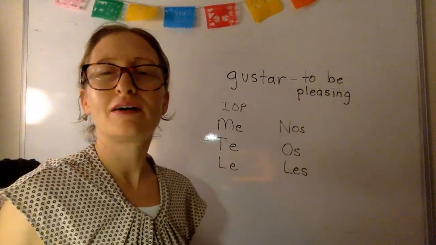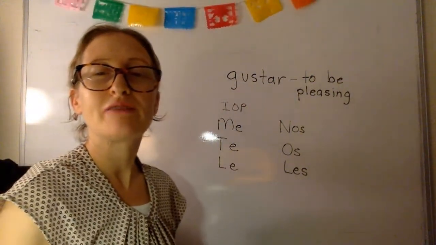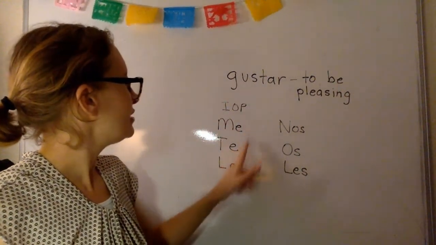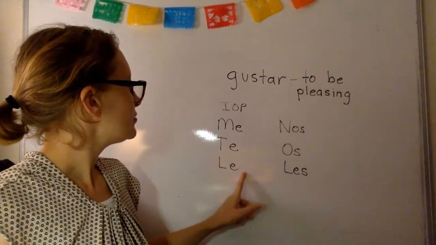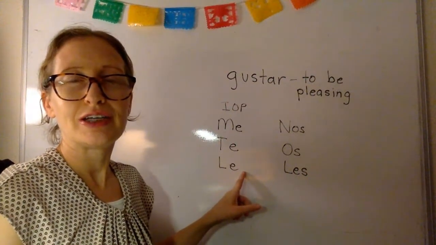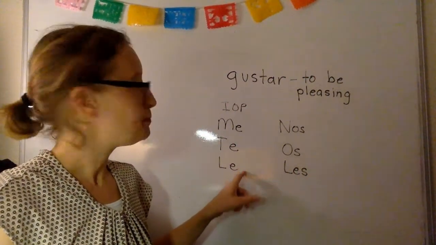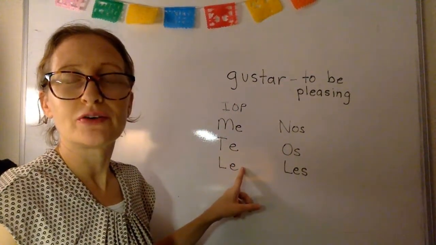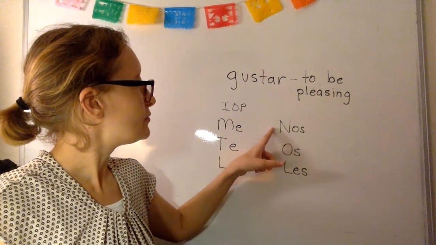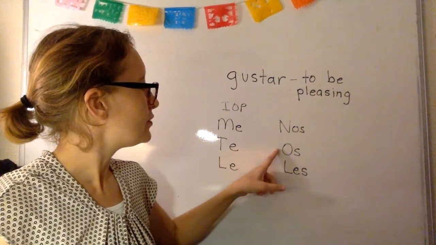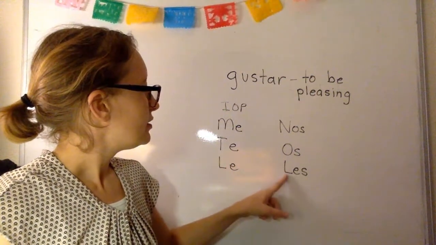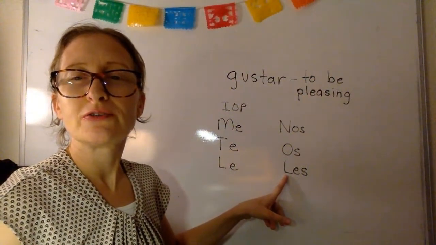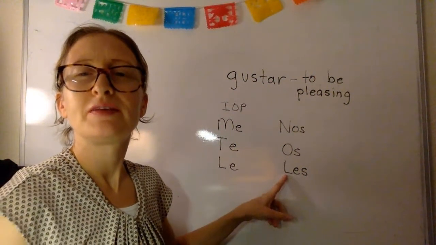And so our pronouns that we have here translate to or for me, to or for you, to or for he, she, or usted. Or we should say to or for him or her, or usted. To or for us, to or for you all in Spain, to or for them, or to or for you all.